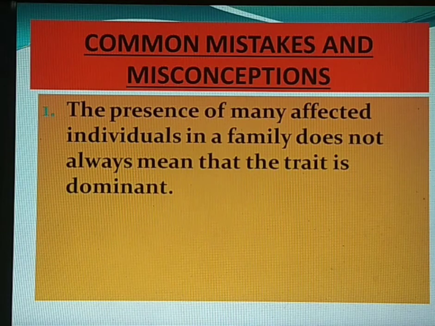Only when we consider the human population can we say which trait is dominant and which one is recessive. In a family we cannot specify that the trait occurring in more individuals will be the dominant one.